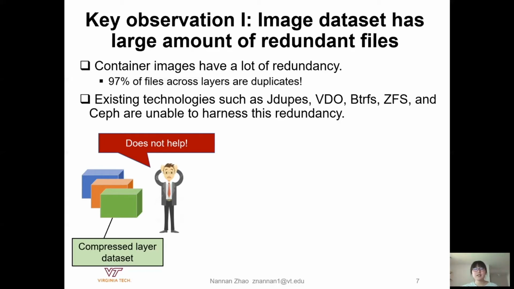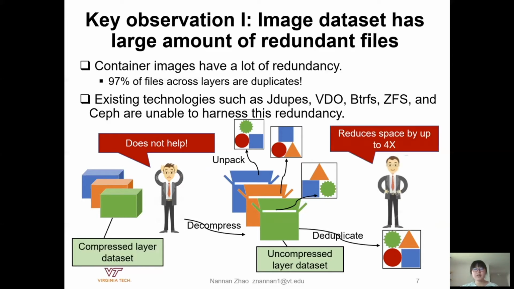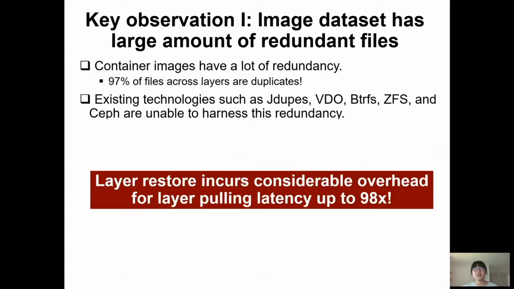However, if we decompress and unpack each layer and then apply different deduplication methods on the uncompressed layer dataset, we see that the existing methods can significantly save storage space. For example, vdedup can reduce space by up to 4 times. However, layer restore adds overhead on the get layer request. For example, layer restore incurs 98 times overhead for layer pulling requests for ceph.